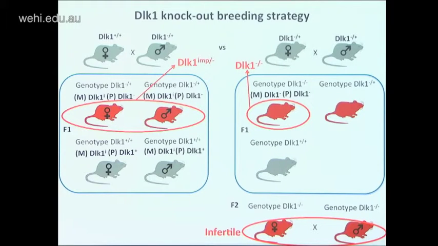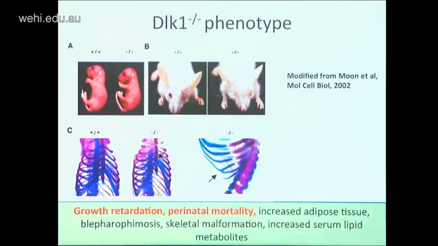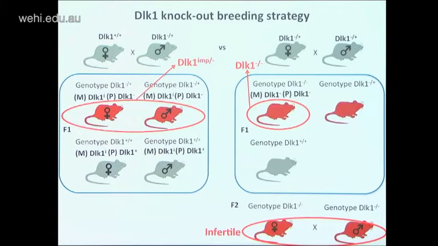Now, in reality, they're slightly different in that they are not as hard to get as the knockouts, and they can reproduce, but they do suffer from the same perinatal mortality and growth retardation, just like these ones here. So I've had to use these mice to look at the adult bone marrow. It was very important to make sure that they are true knockouts, at least in the bone marrow.